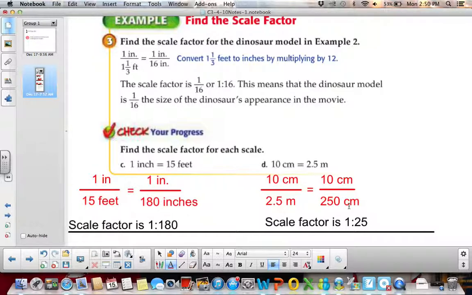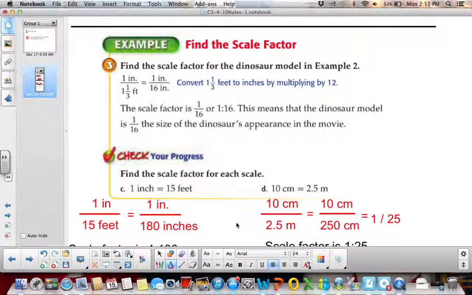So 10 centimeters over 250 centimeters, we can simplify this to 1 over 25, because they can both be divided by 10. So 1/25, or the scale factor would be 1 to 25.